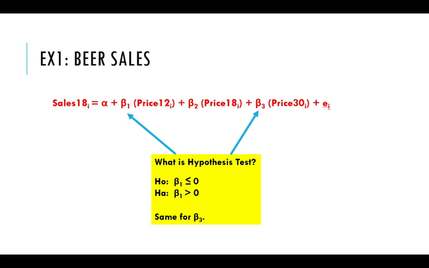But remember, we can rewrite that null hypothesis as simply beta 1 equals 0, because that allows us to reject the null when we have the wrong sign. So in regression, it's not uncommon to write beta 1 equals 0 for the null, leaving the alternate hypothesis beta 1 greater than 0. Beta 3, we also expect to be positive, so we would set up our hypothesis tests the same way.